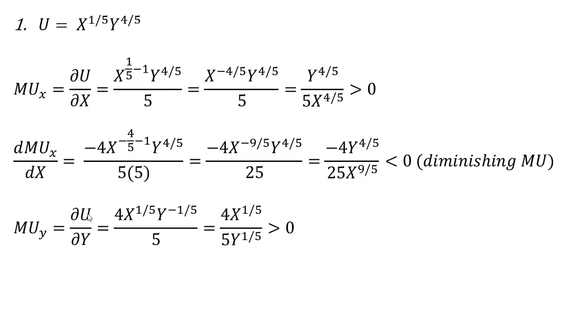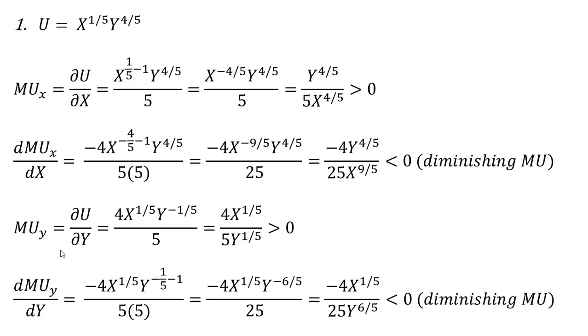We can do the same thing here for good y. We'll show that good y, its marginal utility is positive. If we consume more of good y, utility increases. So bringing that 4/5 down in front, 4/5 minus 1 leaves us y raised to the minus 1/5 power. Simplifying a little bit over here, regardless we get a positive marginal utility.